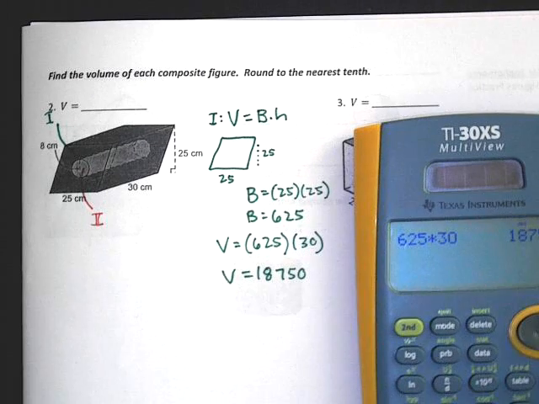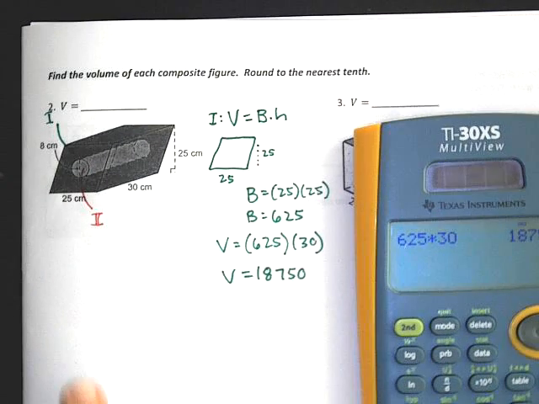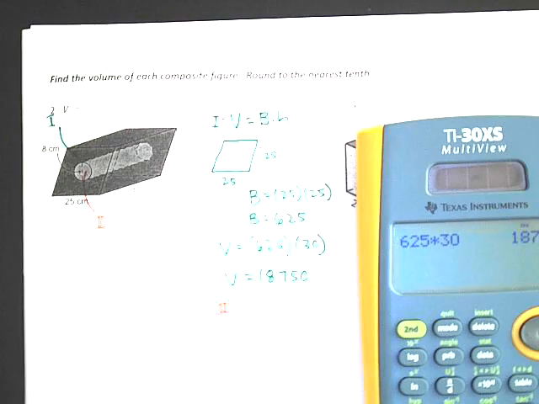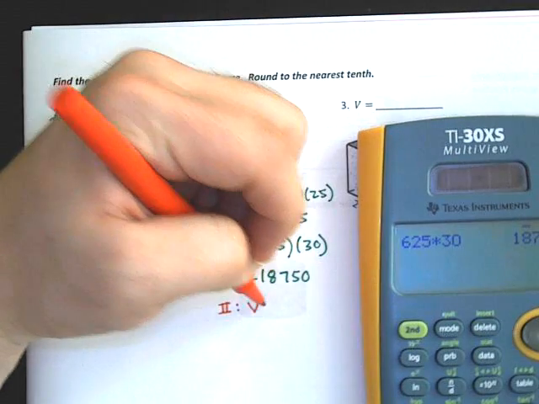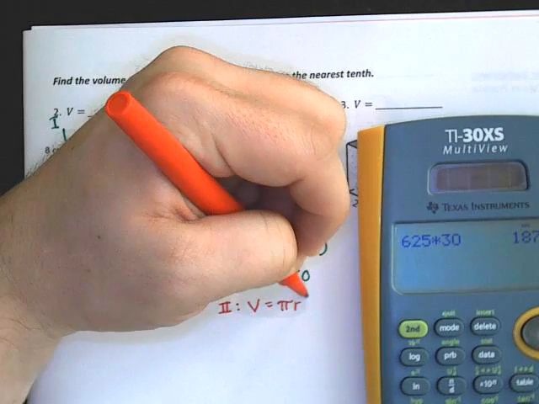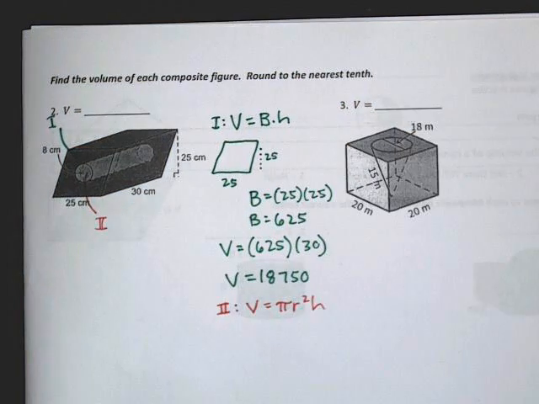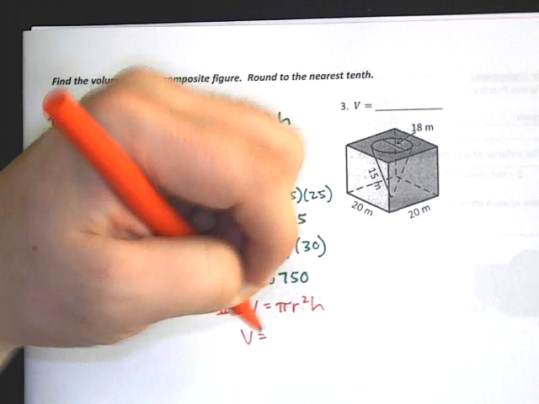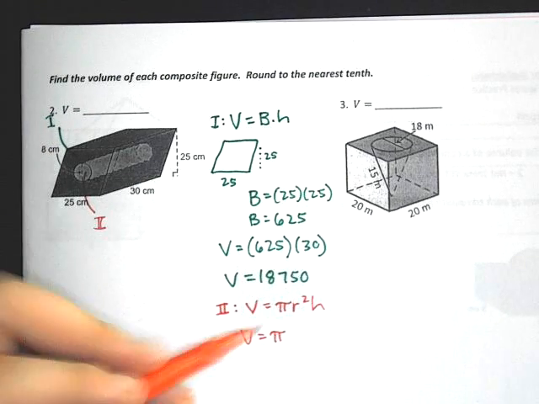Okay, now I have to move on. For number 2, it's a cylinder, so I'm definitely going to use V equals pi r squared h. Now I just have to figure out what to plug where. Pi. Now my radius, just be careful.